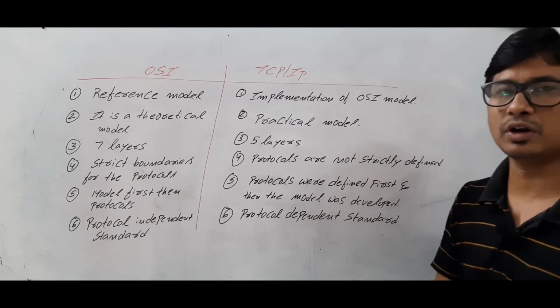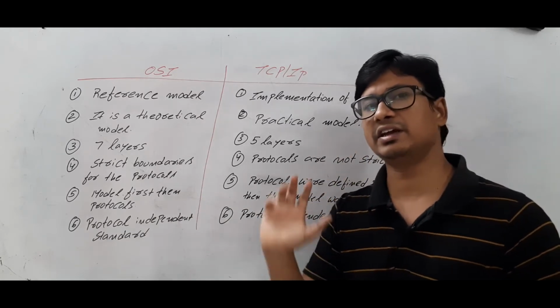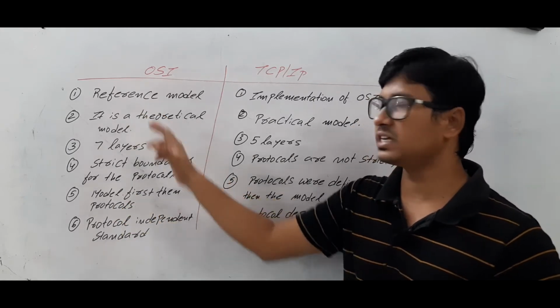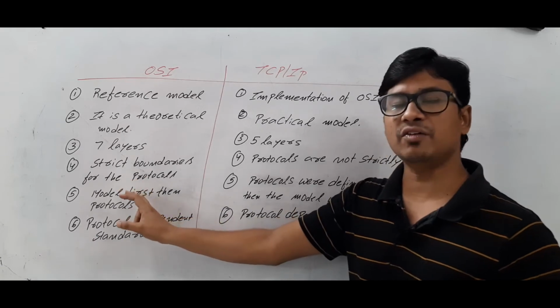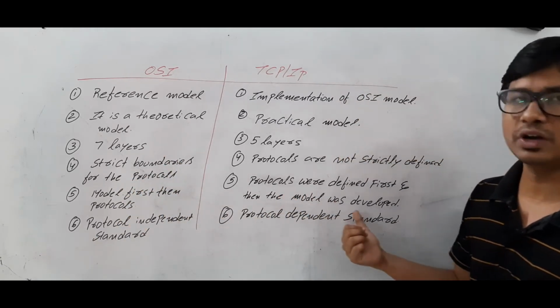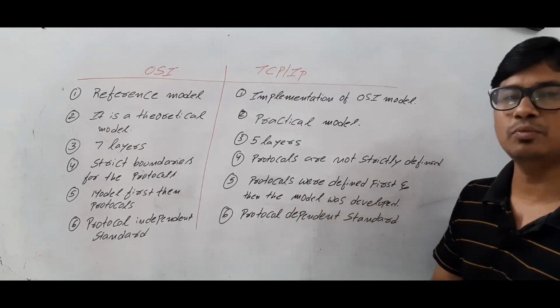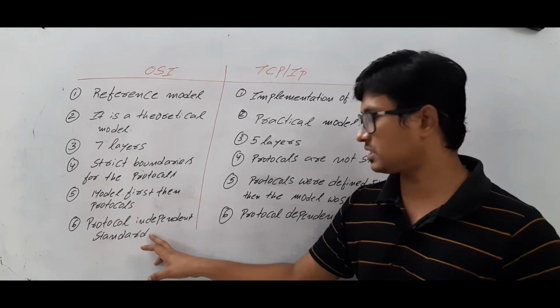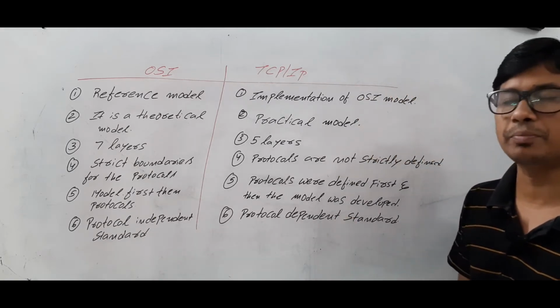Any new protocol developed for any layer can come into the TCP/IP model. As I said earlier, in OSI the model was developed first and then the protocols were designed, whereas in TCP/IP the protocols were defined first and then the model was developed. OSI is a protocol independent standard, whereas TCP/IP is a protocol dependent standard.